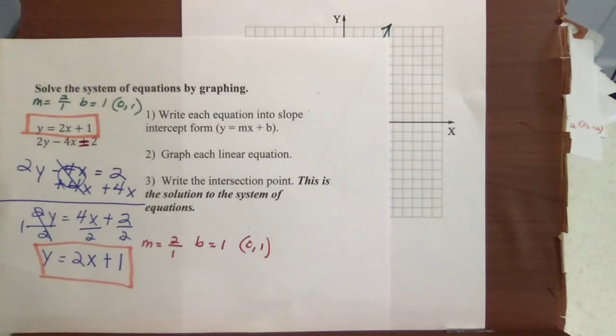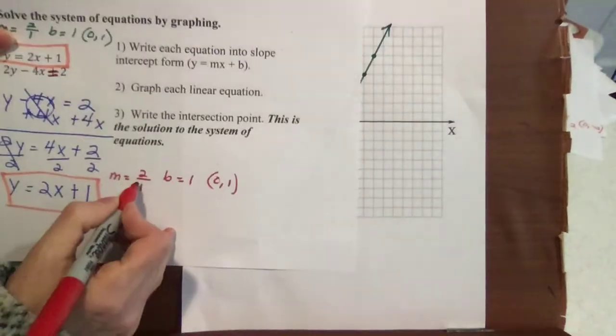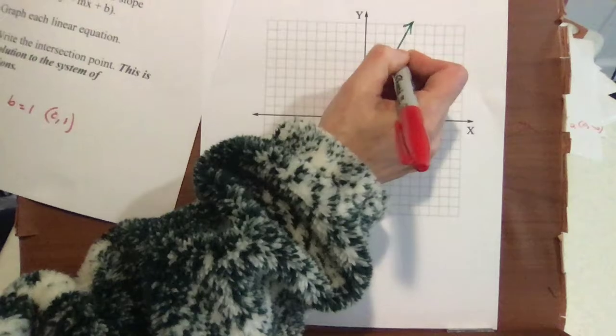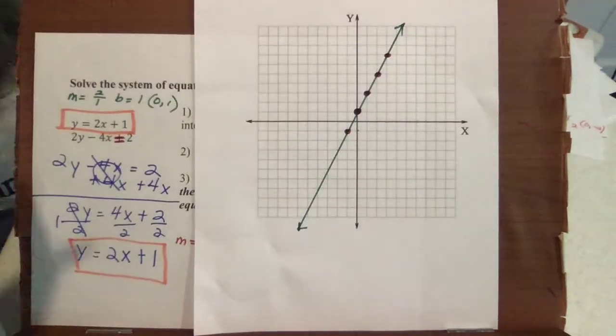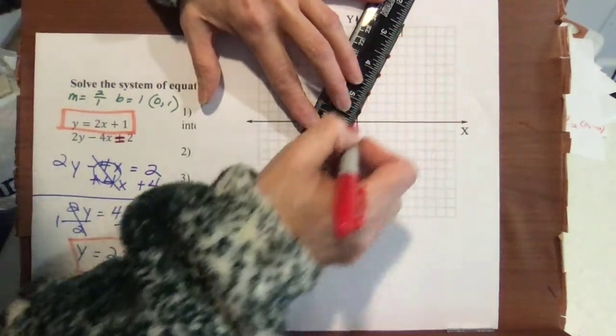So our second line, which was red, okay, y-intercept was 1. Our slope is 2/1, so up 2, right 1, up 2, right 1. And you can see we're getting the exact same line again. However, you do have to graph over it. So colors are usually handy here.